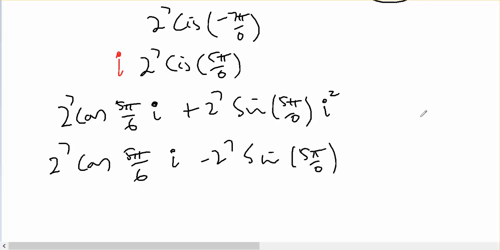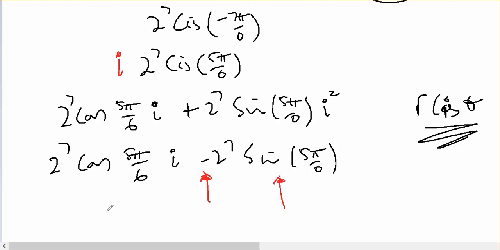And my answer has to be given in r cis theta form. So I've got to get the i back over here, and I've got to get this as positive. So I've got to do two things. I've got to turn that to positive, and I've got to turn that to cos, and I've got to turn that to sine.